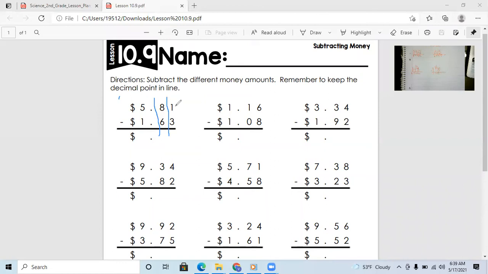So I'm going to start all the way on my right. 1 subtracted by 3. I notice I have more on the floor, so I need to go next door and get 10 more. Gotta borrow from my neighbor. So what's 11 subtracted by 3? 10, 9, 8. So we have 8 here.